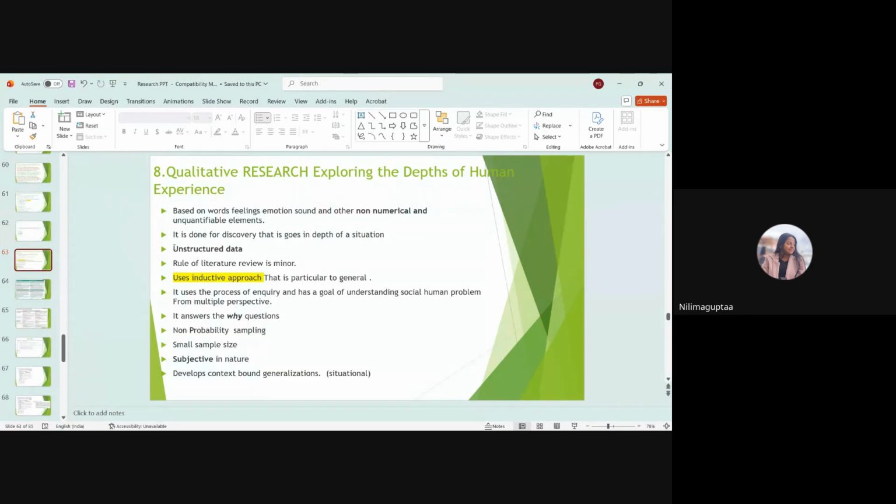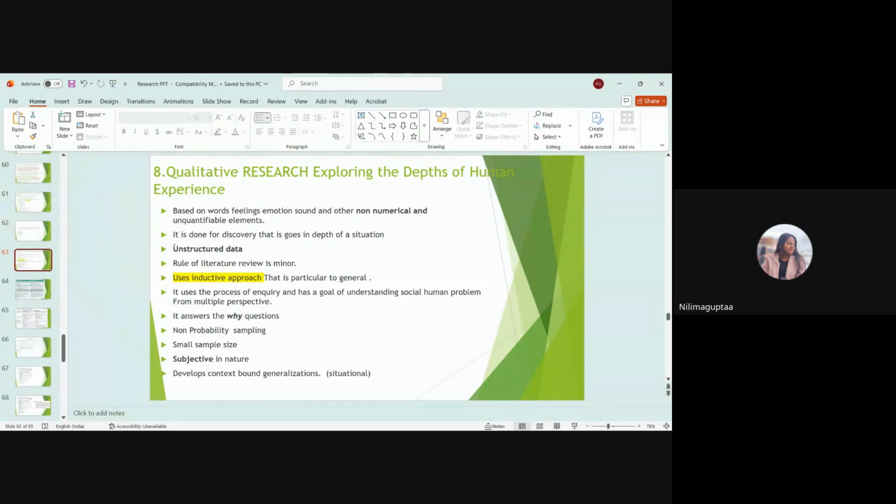It uses non-probability sampling. In short, sampling we'll be doing in tomorrow's class. Probability sampling is something where I make a probable answer key for who will be the participant in my research. In non-probability, we do not have any fixed thing.